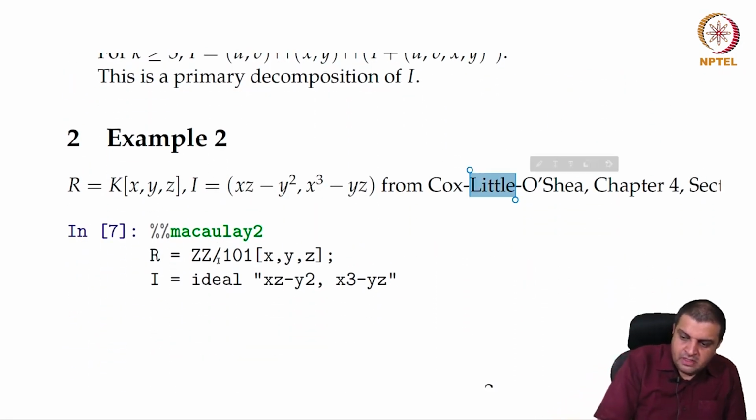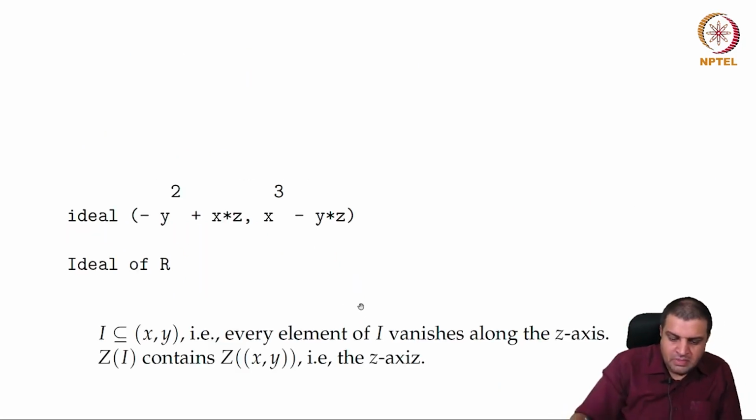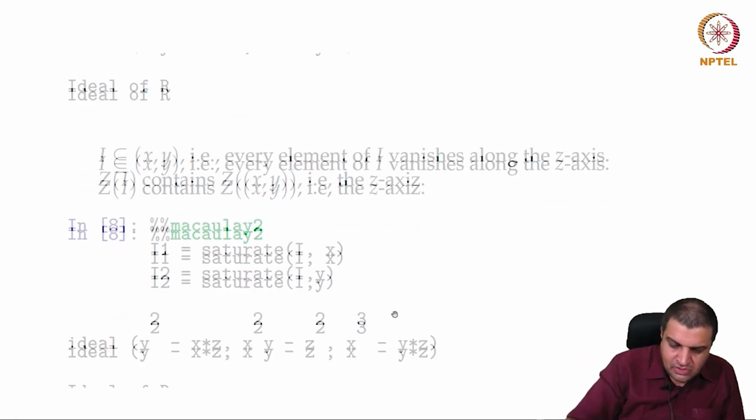It was defined over some field, but when we talk about Z of I, we mean the algebraic closure of that. Okay. But anyway, that's not in the calculations, it's just a remark.